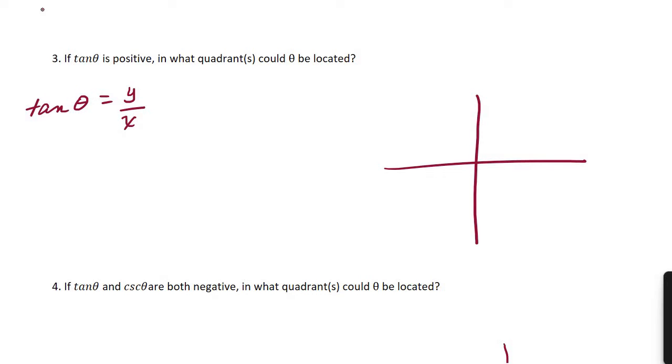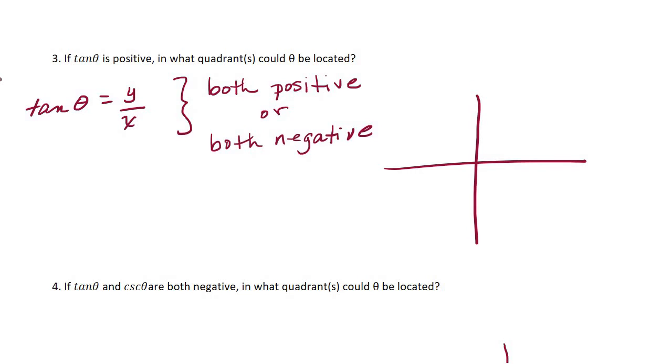The only way that you can divide two numbers and get a positive answer is if they're both positive or both negative. A positive divided by a positive is positive, and a negative divided by a negative is also positive. So x and y are both positive in quadrant 1, and they're both negative in quadrant 3.